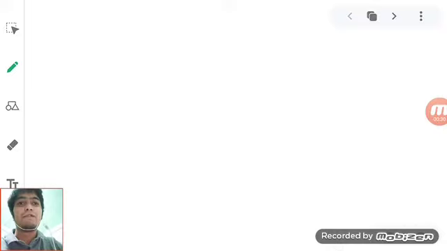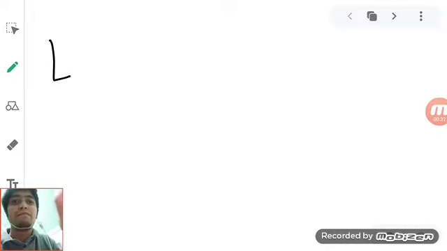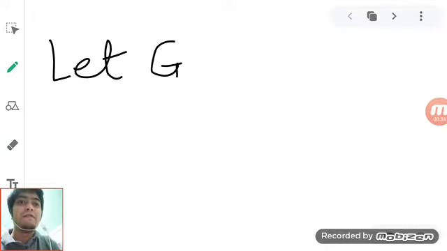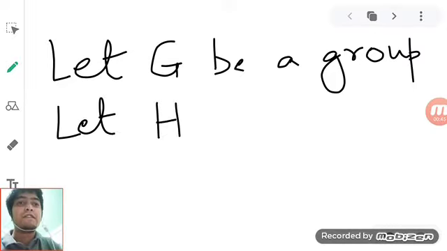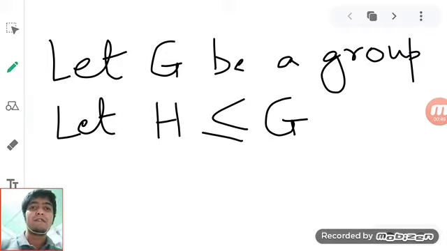First of all, we will need a group. Let G be a group, and then we will need a subgroup, of course. Let H be a subgroup of G. So how are we going to construct a coset?